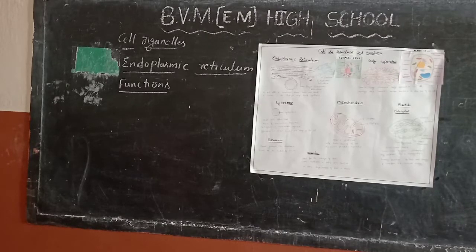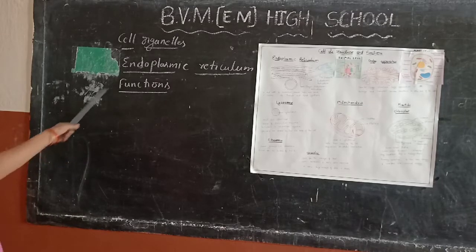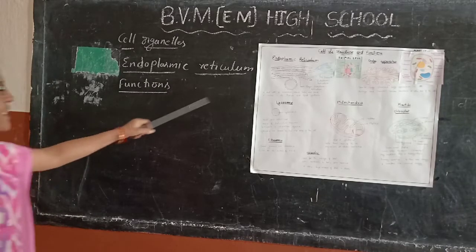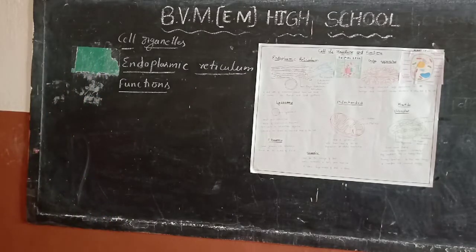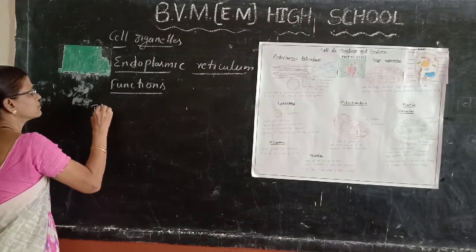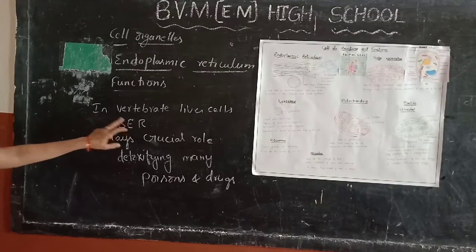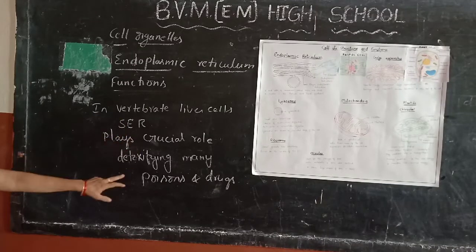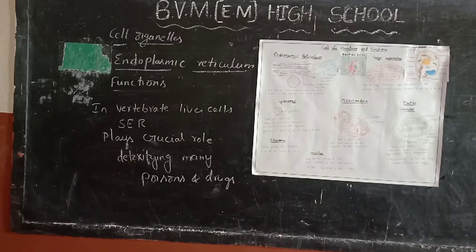The substances that come from the nucleus are transported to different parts of the cell through this network of channels. Smooth endoplasmic reticulum plays a crucial role in detoxifying many poisons and drugs.